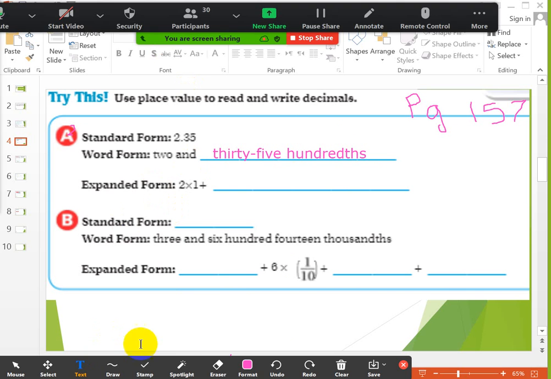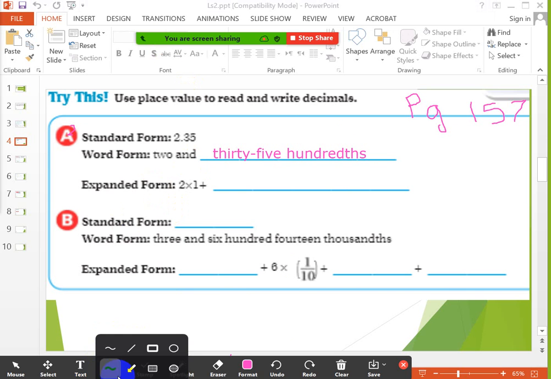What about the expanded form? We will start with the ones. The ones digit is 2, so 2 multiply 1. This is the value of the 2. Now I want the value of the 3. 3 is in the tenths digit, so it will be 3 multiply 1 over 10.